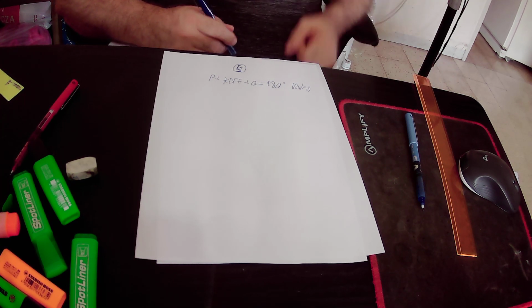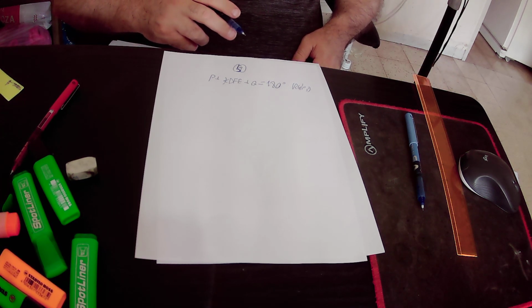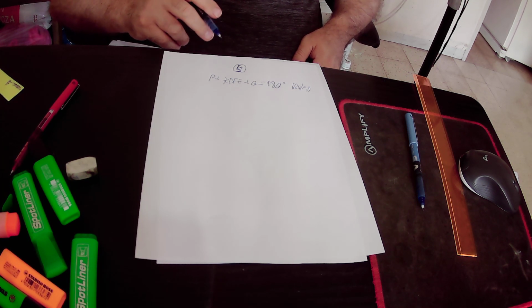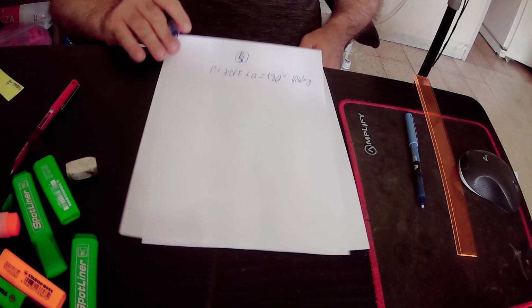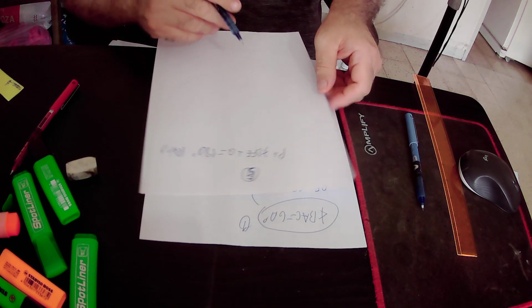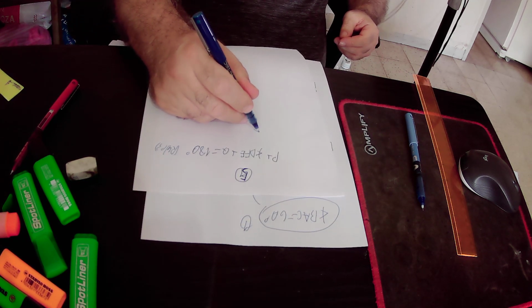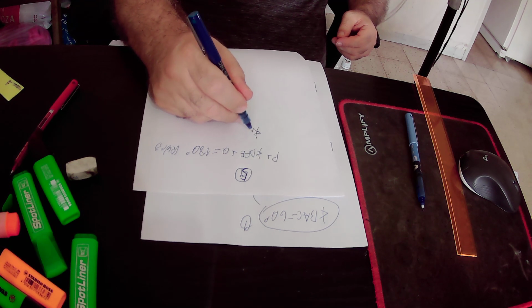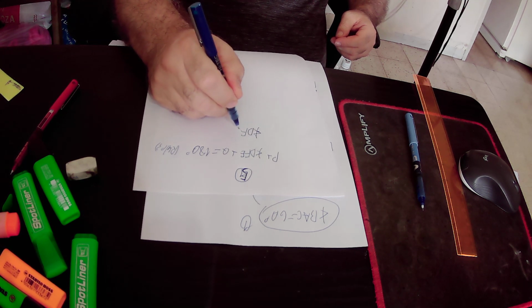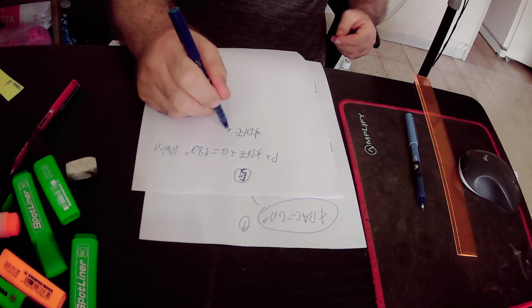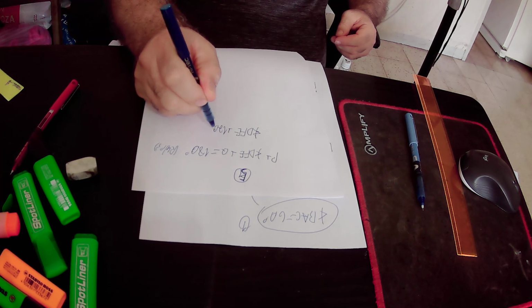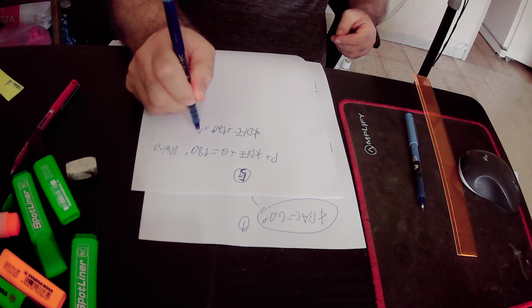But we have already found out that P plus Q equals 120 degrees according to equation number 2. So we can substitute P plus Q by 120 degrees. Okay, so angle DFE plus 120 degrees must be equal to 180 degrees.